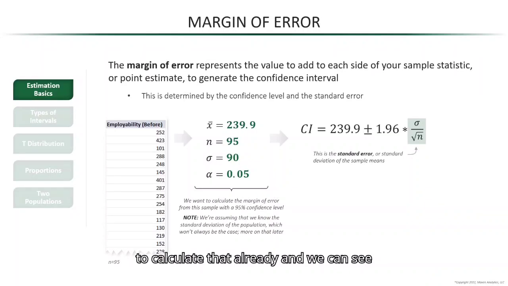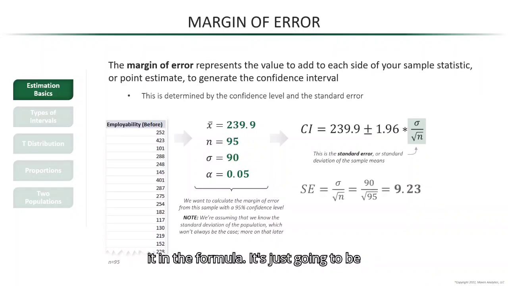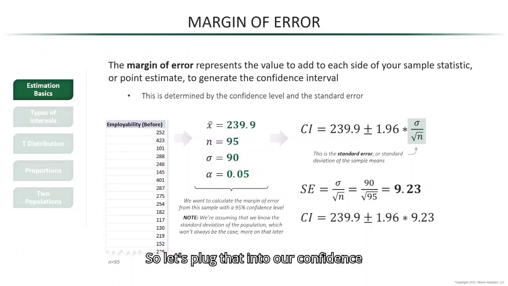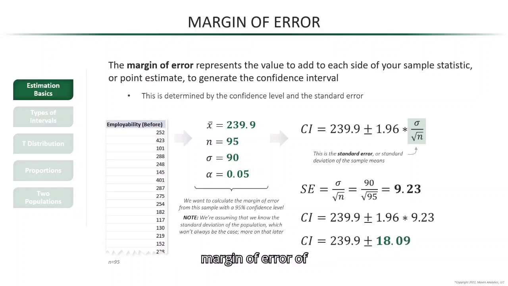And we've seen how to calculate that already, and we can see it in the formula. It's just going to be the standard deviation of our population divided by the square root of our sample size, in this case 9.23. So let's plug that into our confidence level formula, and we get a margin of error of 18.09. And just like that, we have our confidence interval.